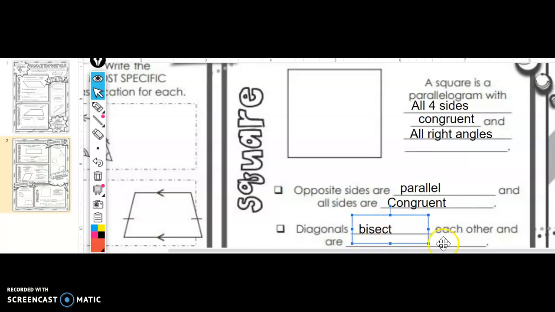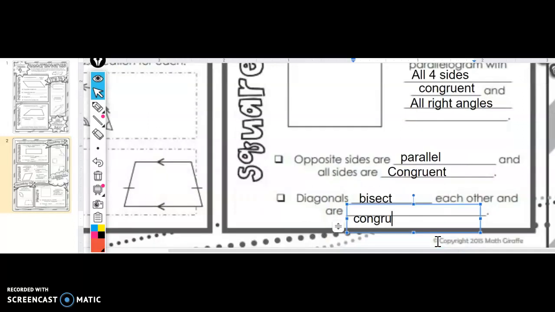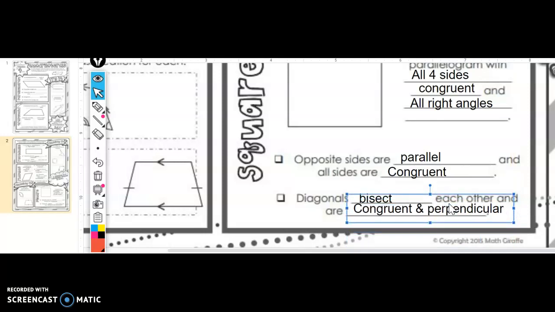And they are both congruent and perpendicular. And that comes back to kind of both of them, the rhombus piece.